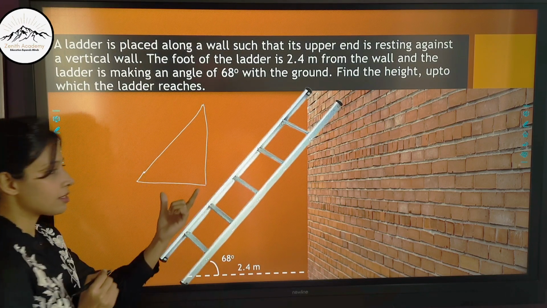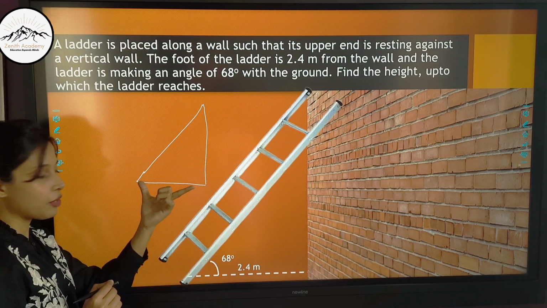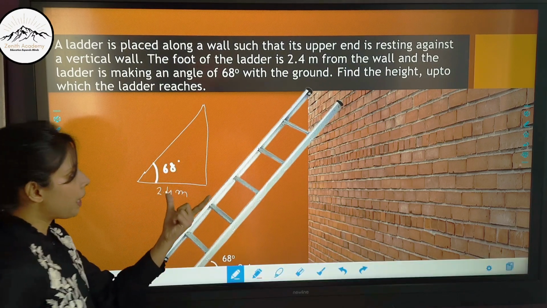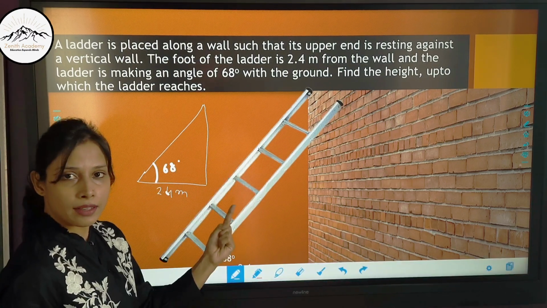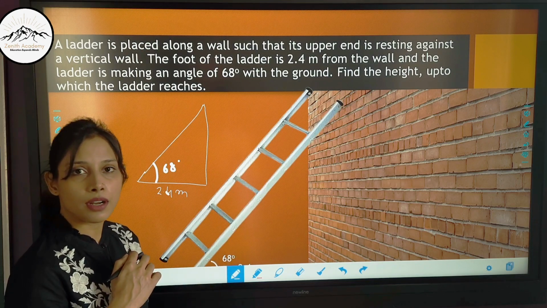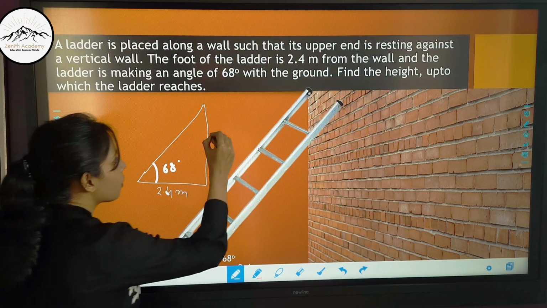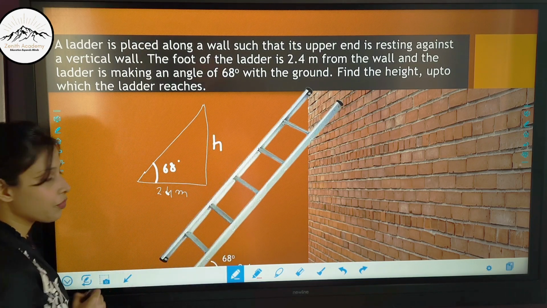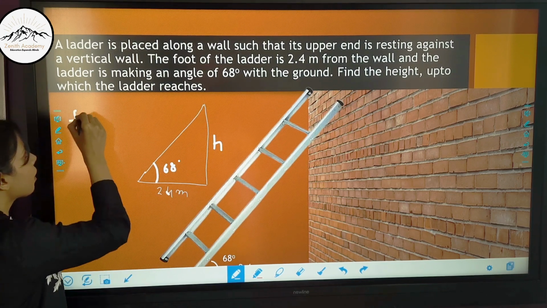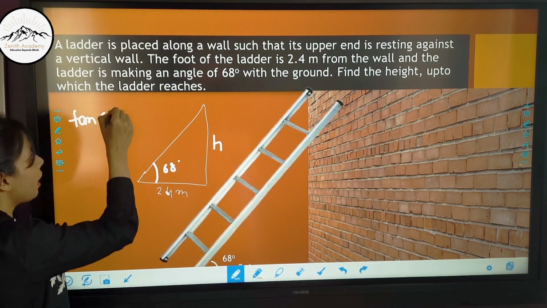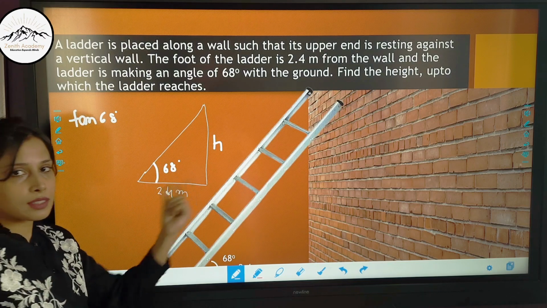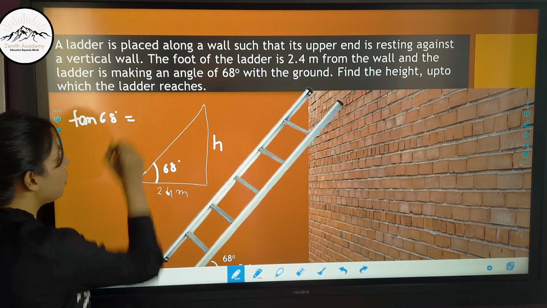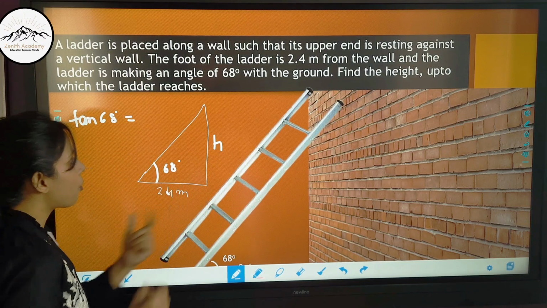Now this is the distance away from the wall. Now we know the base, and what we actually need to find is the height. So again we'll use tangent property. Let's suppose this is h. So we'll use tan theta. Now tan 68 degrees, because theta value is 68, is equal to h upon 2.4.